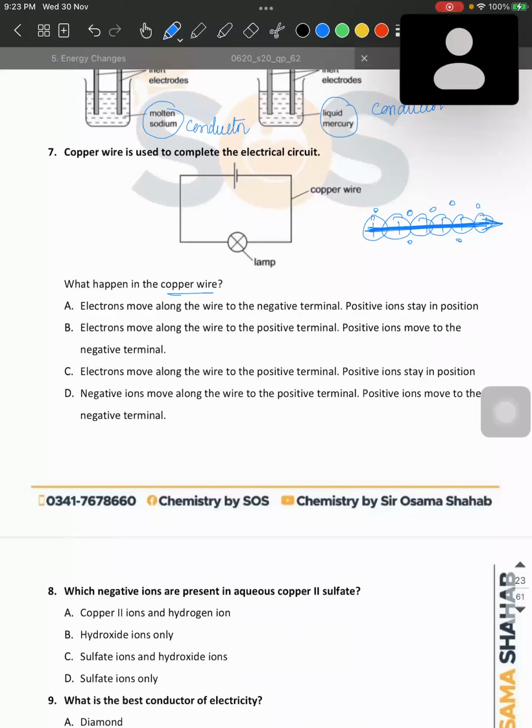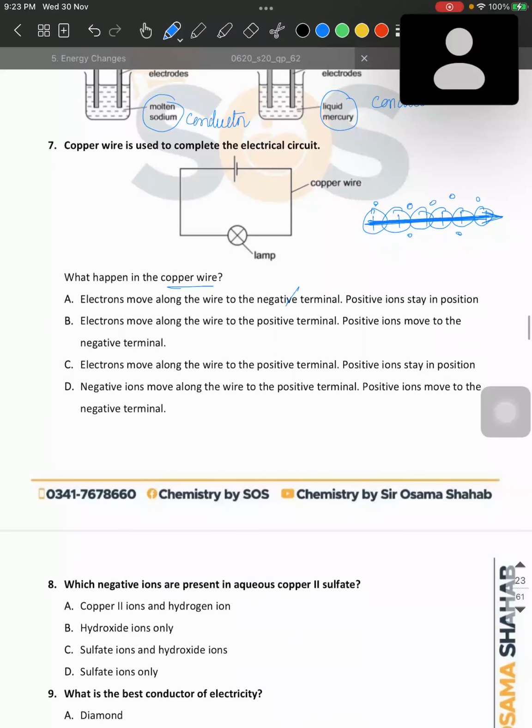So electrons move along the wire to the positive terminal, right? Negative terminal पे move नहीं होते electrons, और ना ही negative ions हैं हमारे पास, ठीक है ना? तो A और D आंसर नहीं हो सकता। Electrons can move from negative to positive terminal, so B and C can be the right answer, and positive ions remain on their position. So C will be the right answer. Is that clear, every one of you?